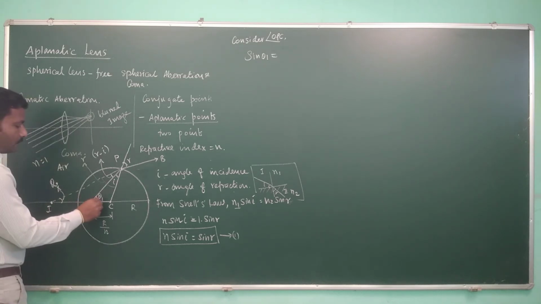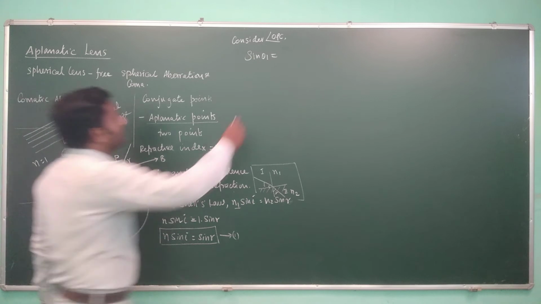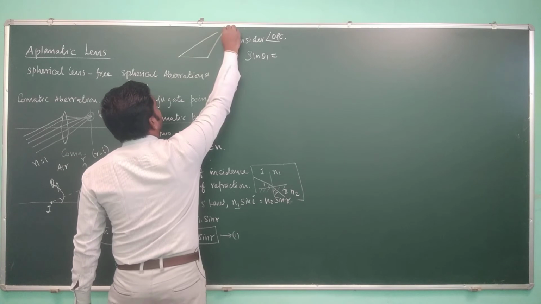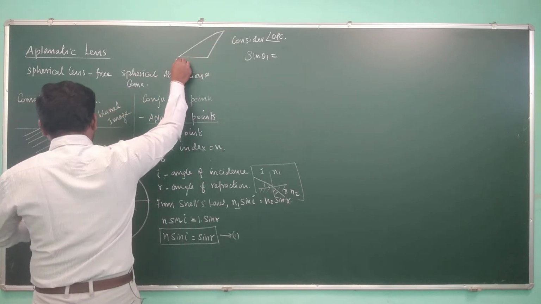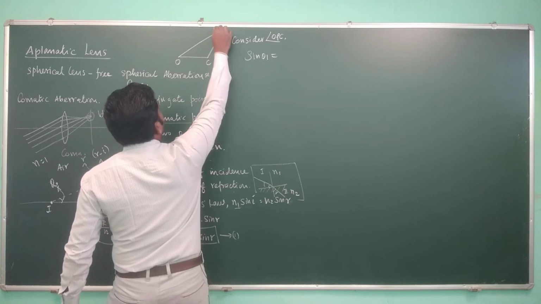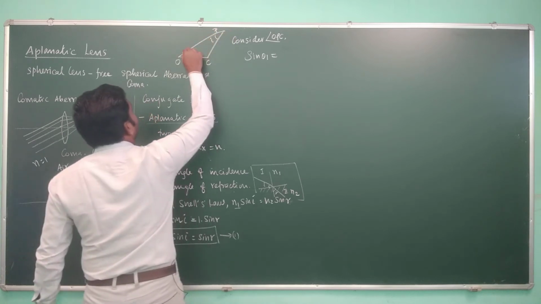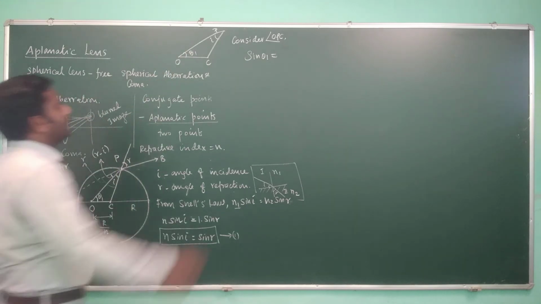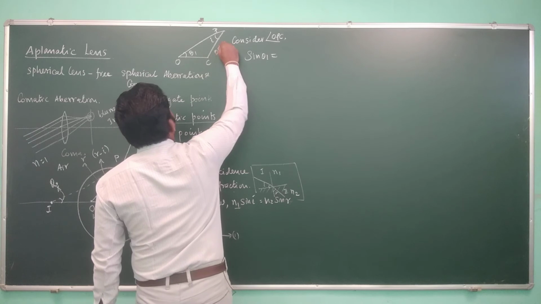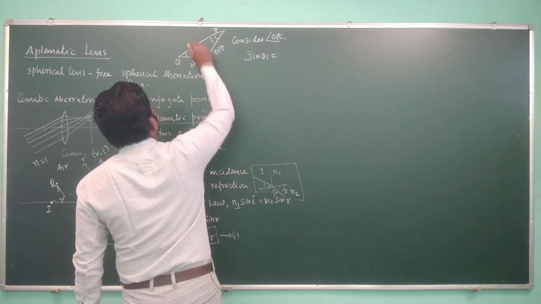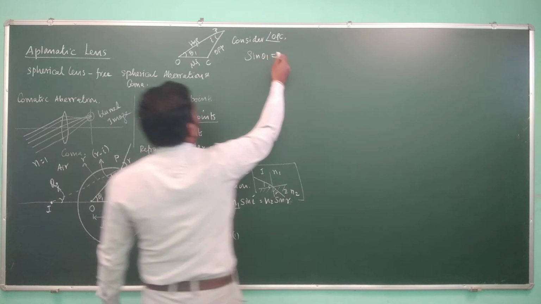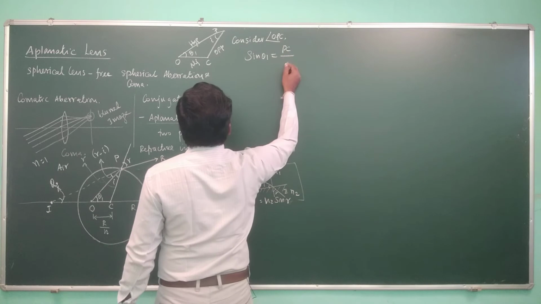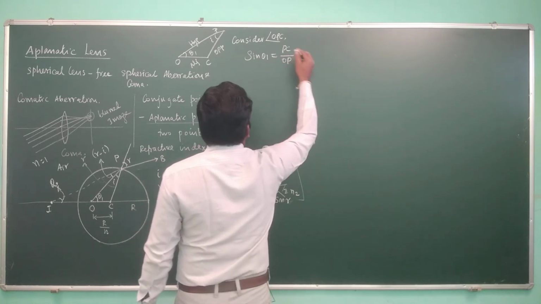Let me redraw this part alone to understand better. This is O, this is C and this is P. This angle is I, this angle is theta 1. For sin theta 1, the opposite side by hypotenuse becomes PC by OP.